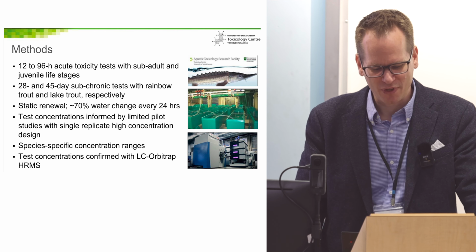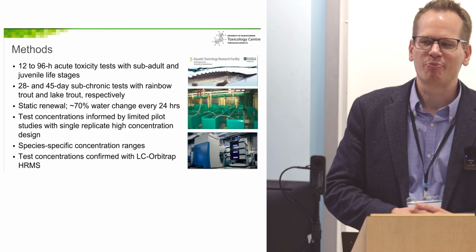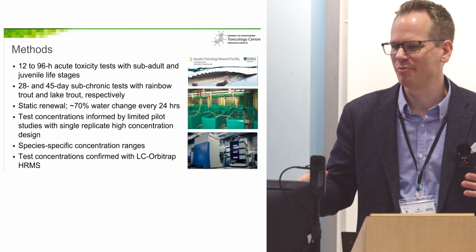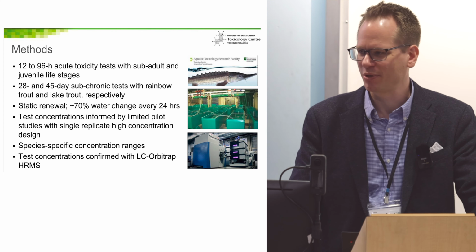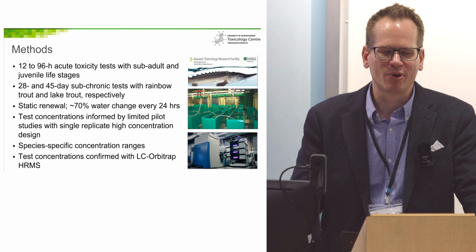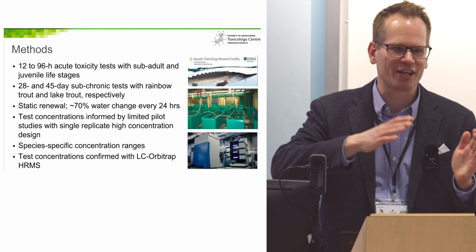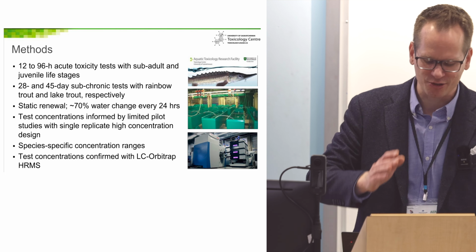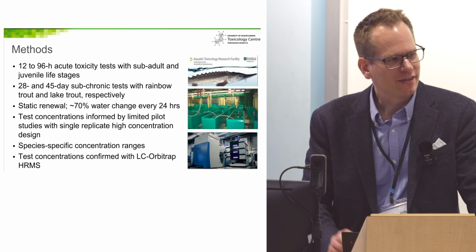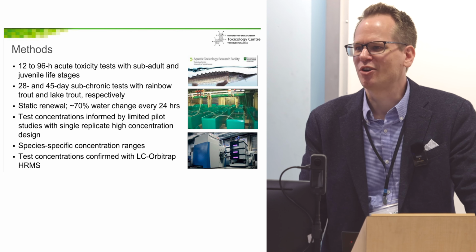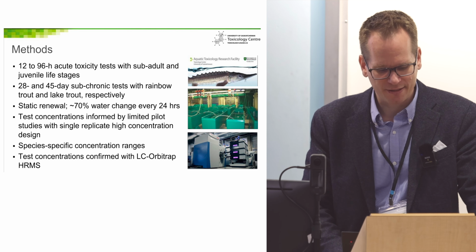The test concentrations we picked were basically informed by a limited number of replicate pilot tests where we just picked a high concentration of 6-ppd quinone to see whether or not they would fall into that sensitive or not so sensitive category. And then after that, we picked species-specific concentration ranges for the actual tests.